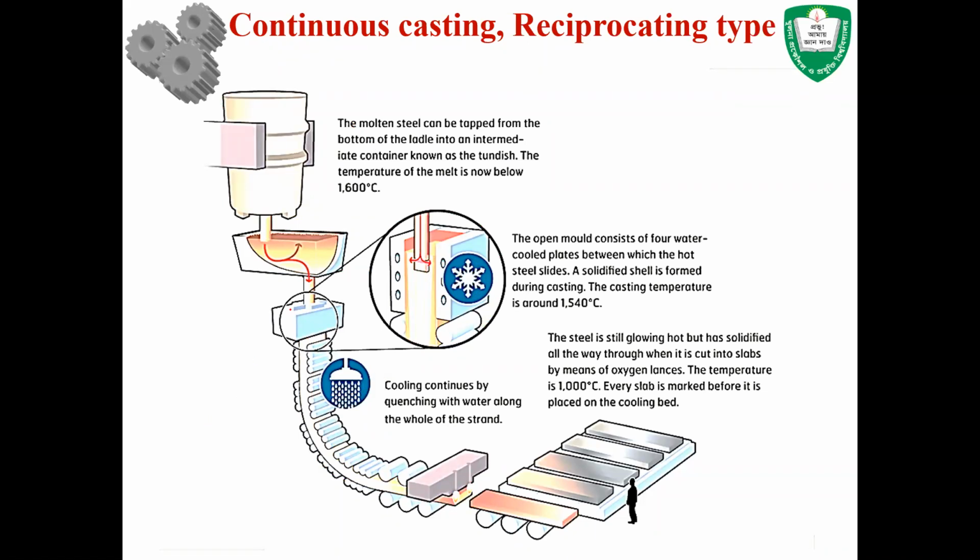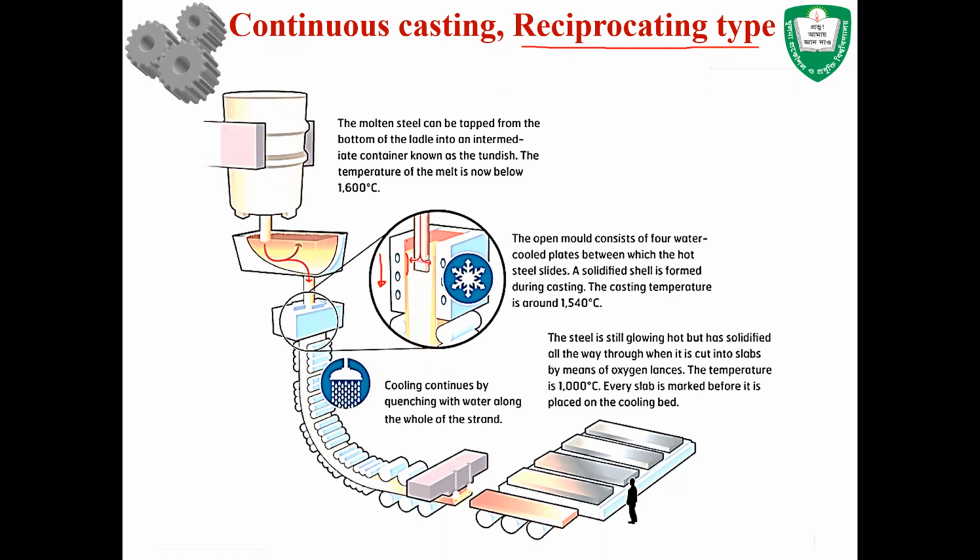And one thing I skipped in here is that since it is a reciprocating type, in the case of reciprocating type material, the die actually moves up and down. The die moves upward and the surface gets solidified. At the same time, the die moves in the downward direction to hold the material in place.